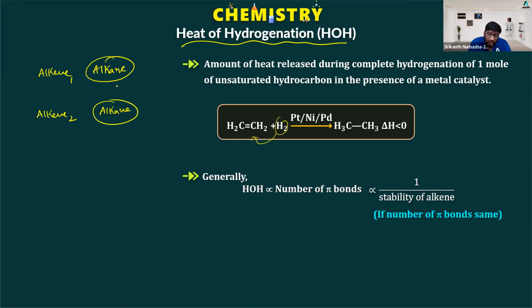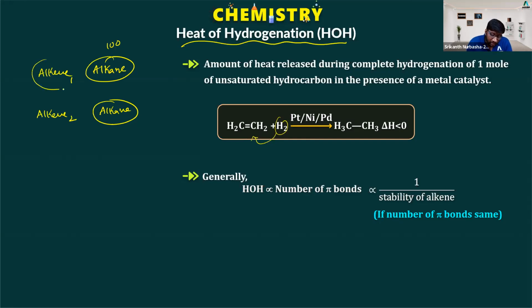So let us say the alkane has 100 units of energy. Every molecule, every system will have energy. This water bottle also has some energy or not? This is stable, but every stable system also has energy. So this alkane is stable, so that has some internal energy, let us say 100 units.